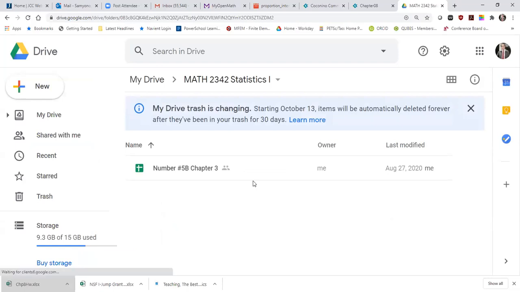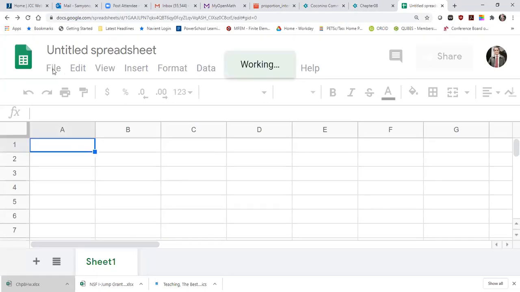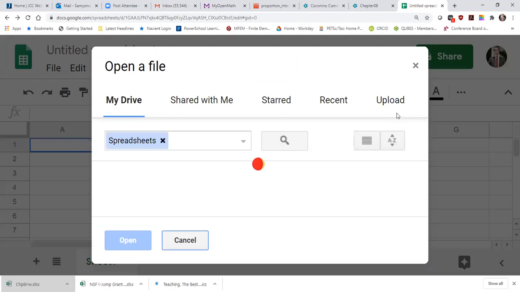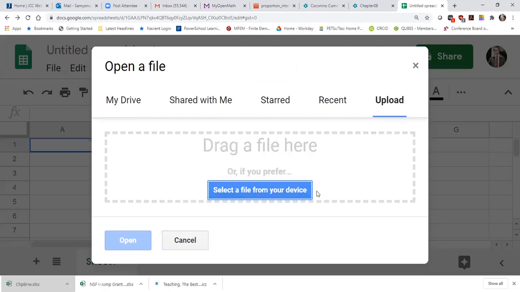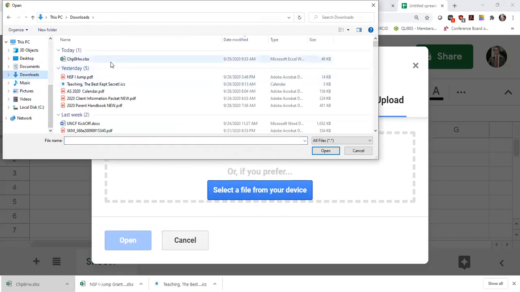Okay. Yes, I need to go to file, open, upload. Yeah, from my computer, right? Okay. And I need to go to download, right? And I can see it here.